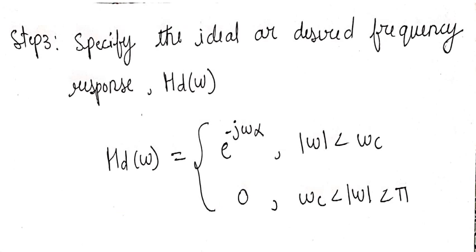Step 3 is to specify the ideal or the desired frequency response, Hd of omega. Hd of omega is given as e raised to minus j omega alpha for magnitude of omega less than omega c and 0 for magnitude of omega in between omega c and pi.